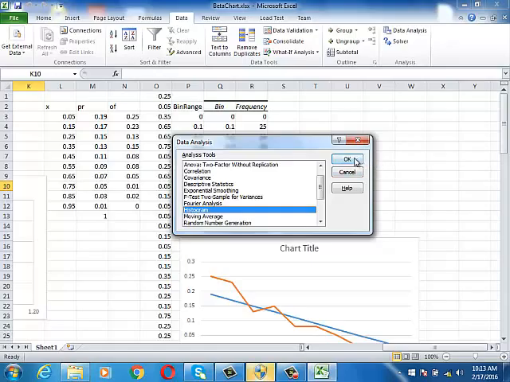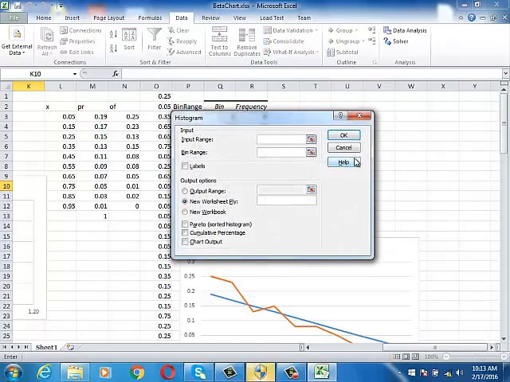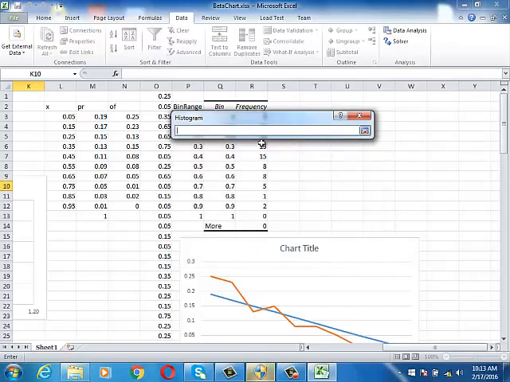And I say okay. And now the input range is going to be O1 to O100. That's my random numbers. The bin range I have to specify because I cannot see it. P3 to P13, right.